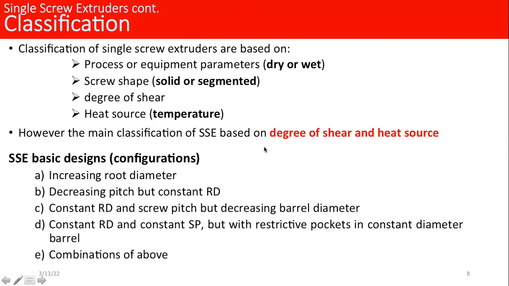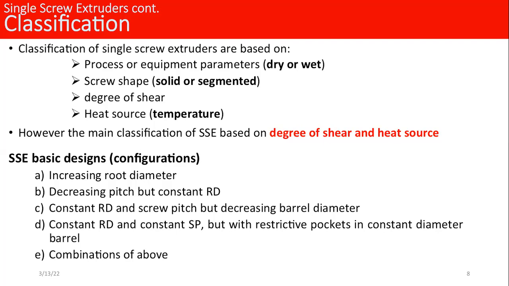Then based on the configurations, there are different methods they have used. Increasing root diameter. Now you know what root diameter is, right? So I'm not going to explain it.